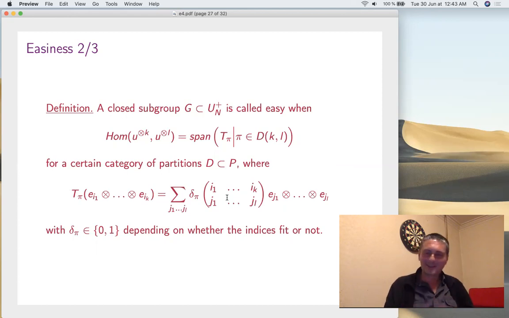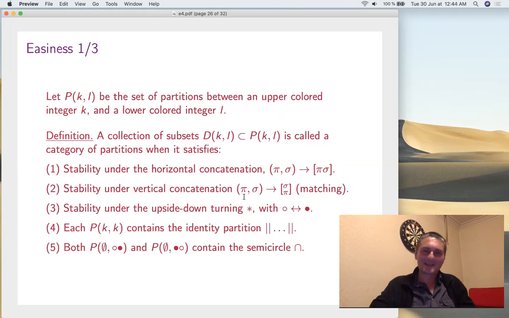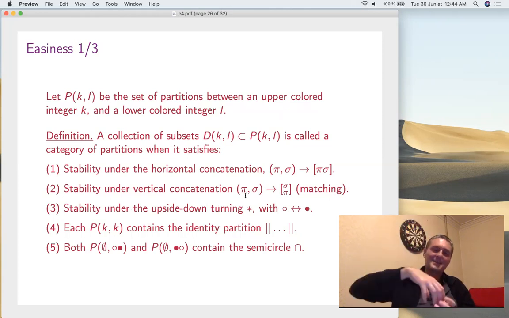We have to think of this as, first of all, partitions are pictures, right? You put strings between things in the same block. So with partitions and pictures, you have to think of it as something happening there. That's the whole idea of partitions. When composing, when going back here, vertical concatenation is the composition.